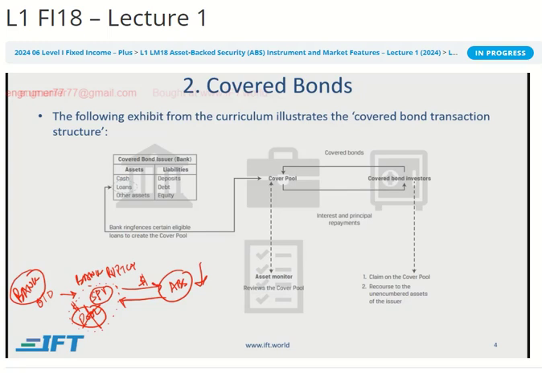If this pool is garbage, it is your responsibility, the bank, to replace the pool with good loans, right? If there are bad loans inside the pool, it's your responsibility to replace them with good loans. Which means if the bank stays connected to the pool, you cannot have this bankruptcy remote structure.